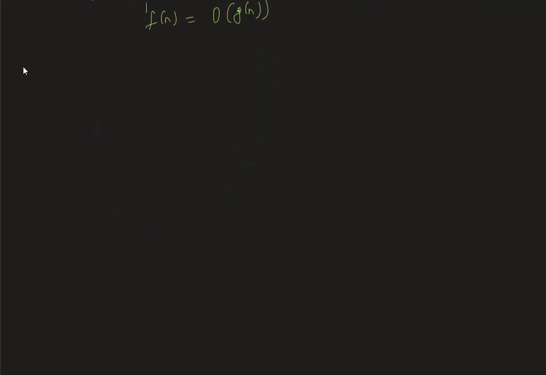Our third notation is omega notation. Just as big O notation provides an asymptotic upper bound on a function, omega notation provides an asymptotic lower bound.